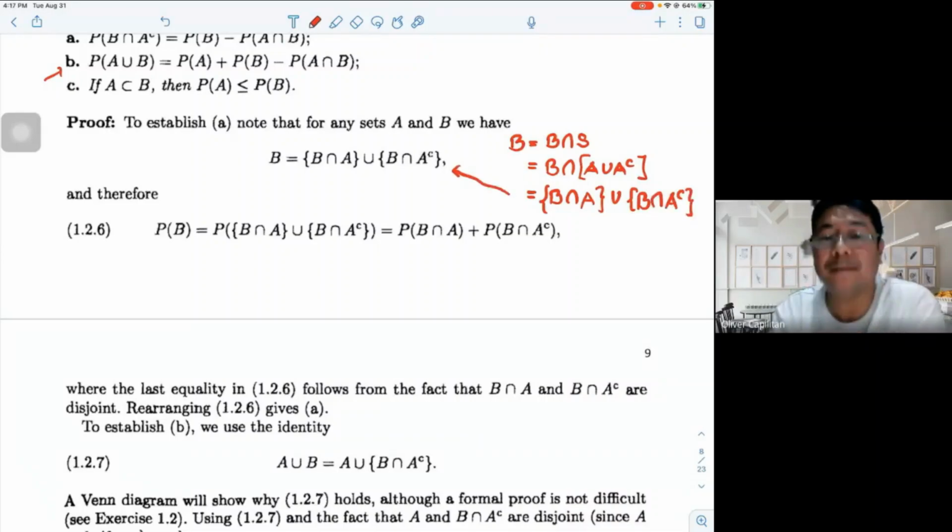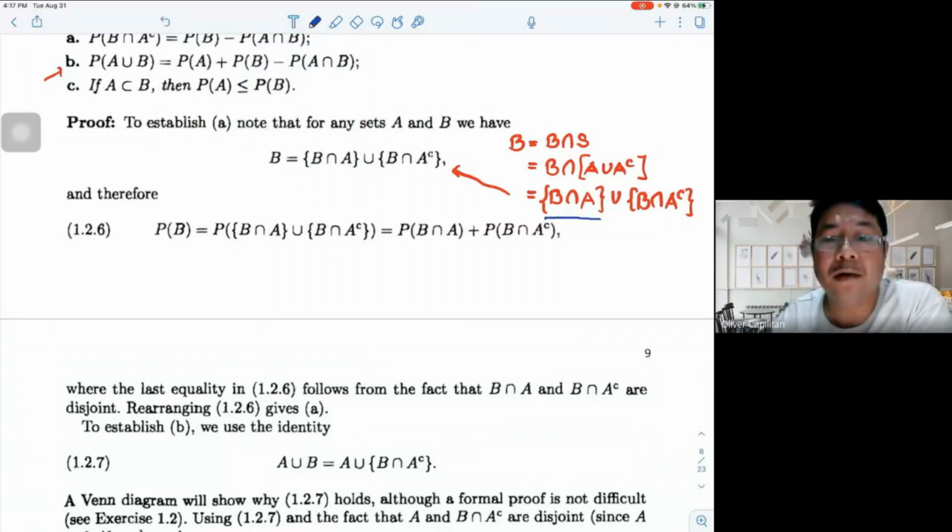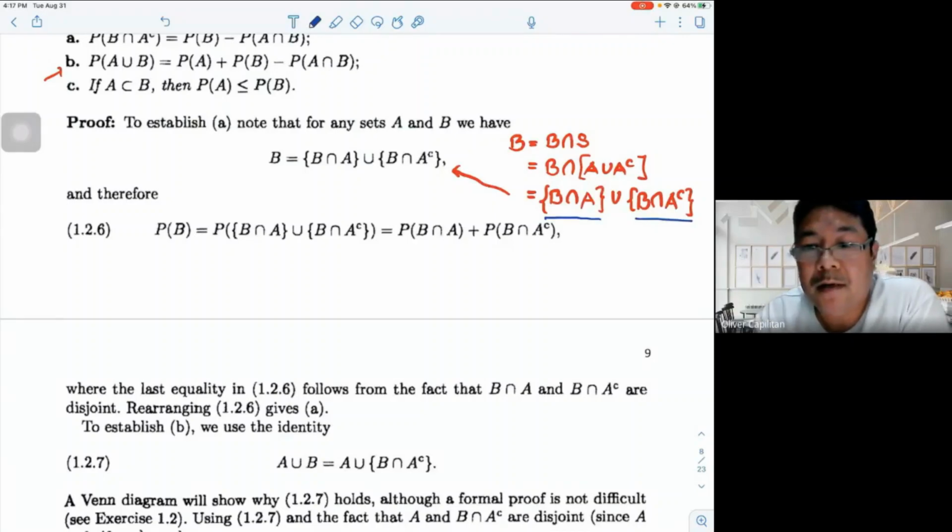So we have that. Okay? We can verify that these two sets, note, this set and this set, are disjoint, or mutually exclusive.